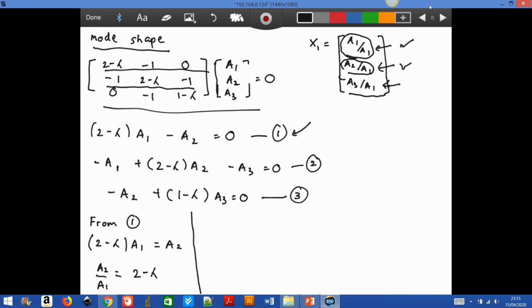How about a3 over a1? In order for us to find a3 over a1, we can use the first equation and the third equation, but we need to get rid of the term minus a2 here.